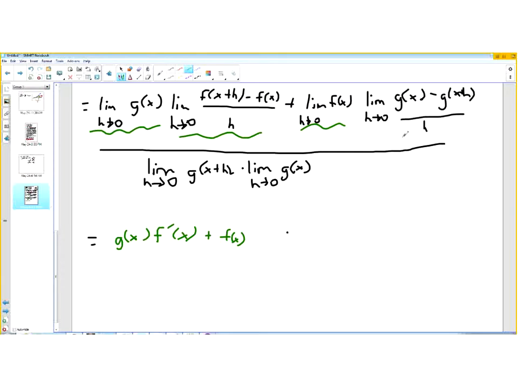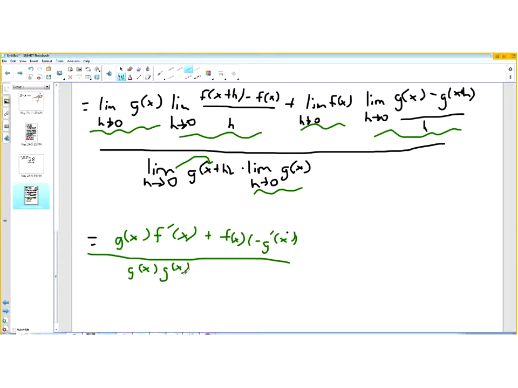And this term is the negative of g prime of x. And then we divide that by, as per the previous discussion, since g is differentiable, g is continuous, we can take the limit operator inside, use direct substitution, and so this is nothing more than g of x, and this limit right here is g of x as well.